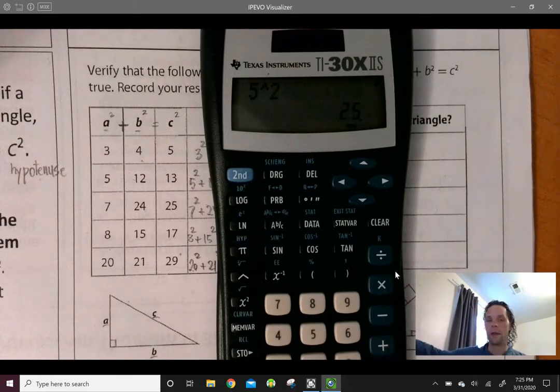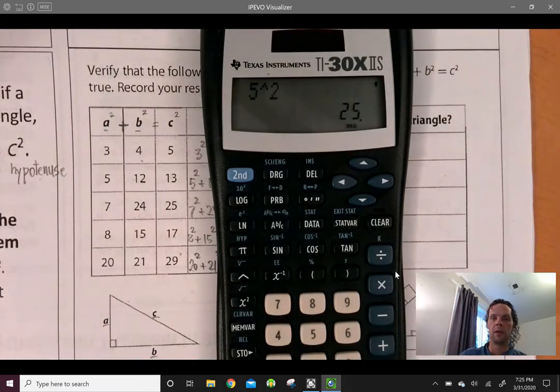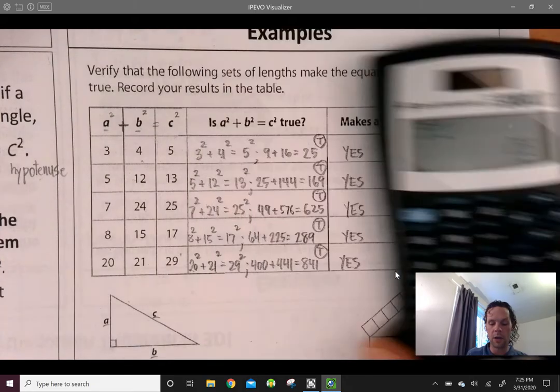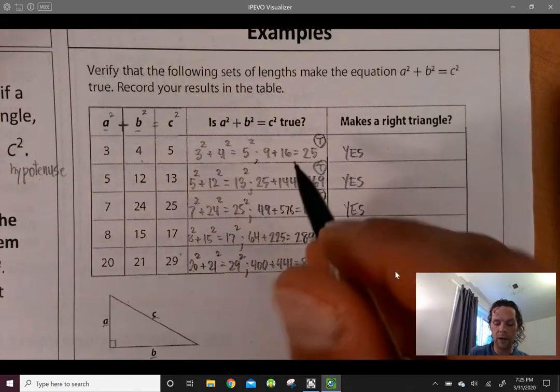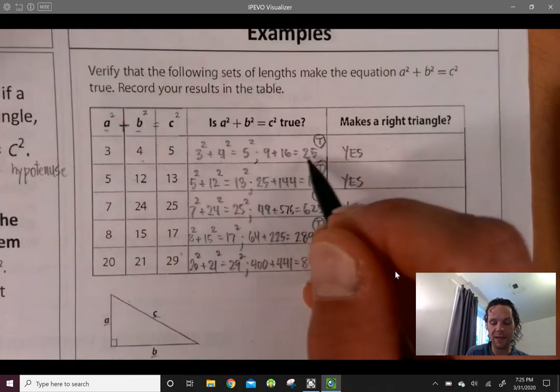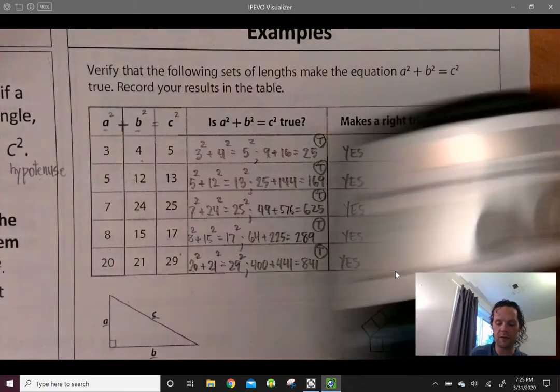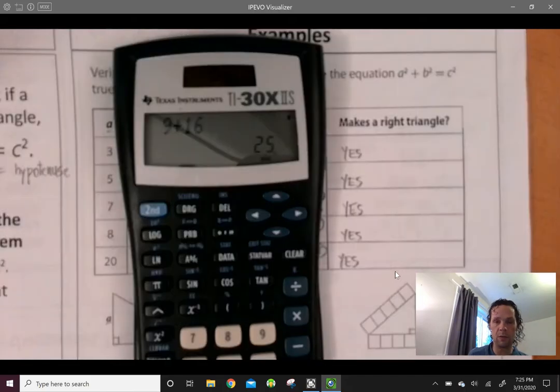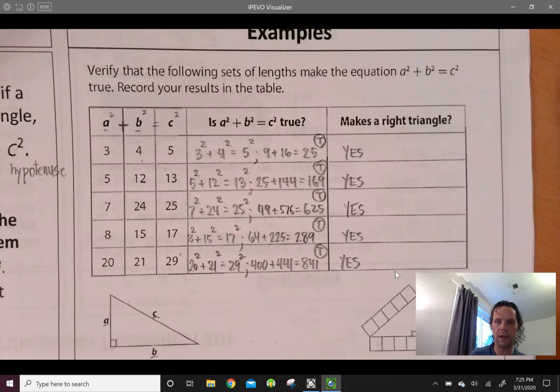So that is a right triangle because 9 plus 16 is in fact equal to 25, right? 9 plus 16 equals 25. Well, there we go. So that's a right triangle.